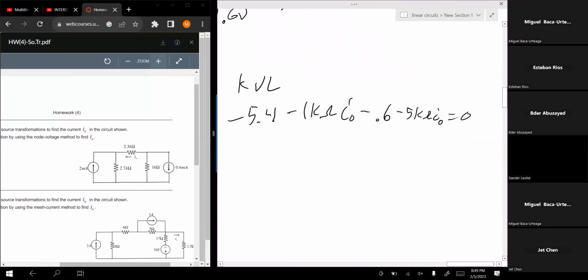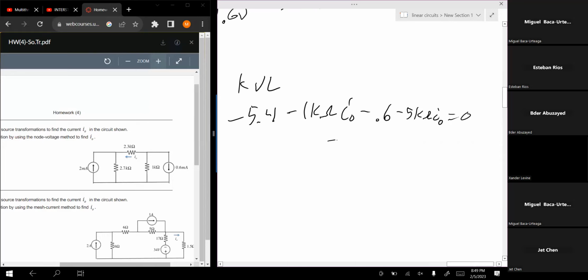That's kind of what I'm getting. Okay. So all I really see here is one variable.